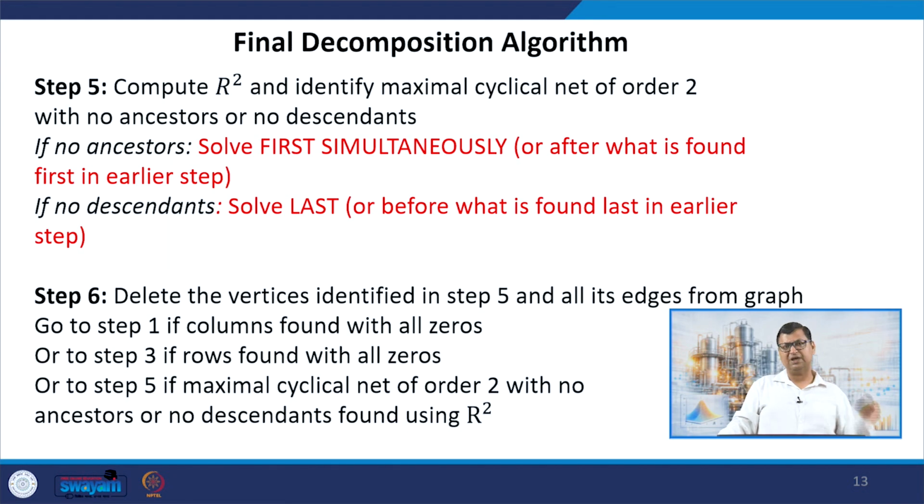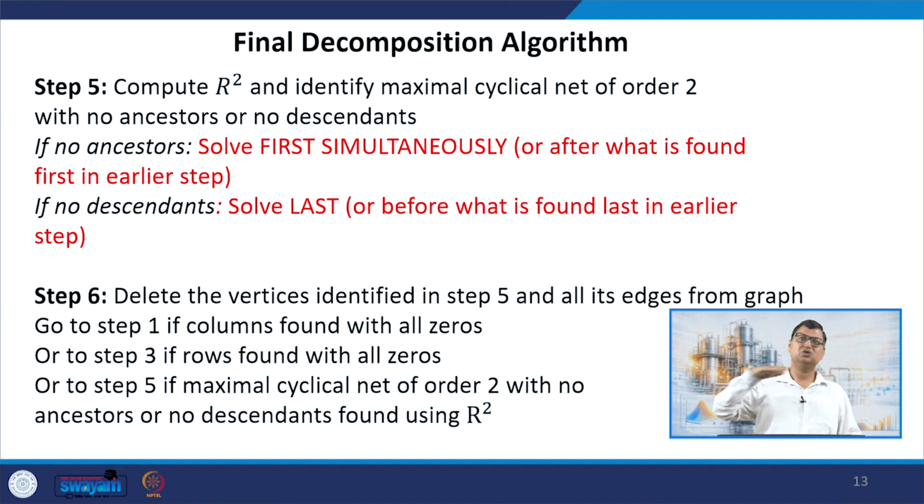Then we compute R square, and the diagonal terms in R square will tell me whether we have a maximal cyclical net of order 2 in the graph. And then we look in the R matrix in the columns for those vertices and see whether this cyclical net has any ancestors.